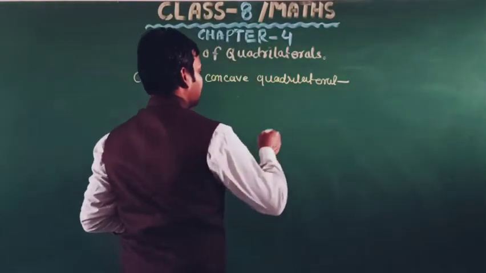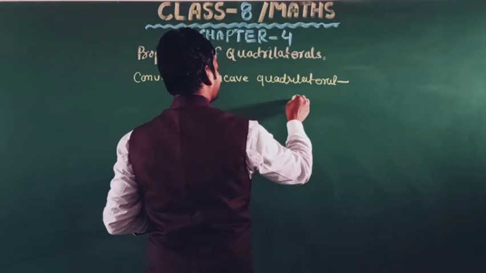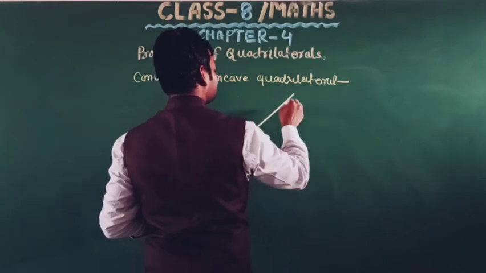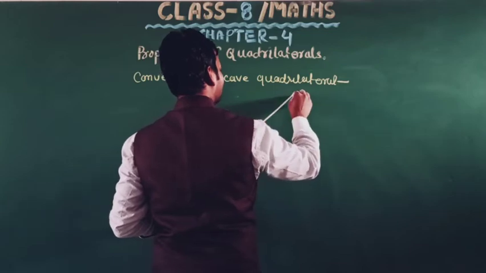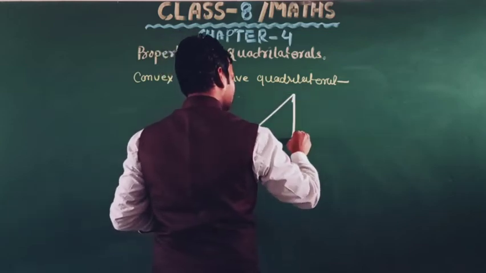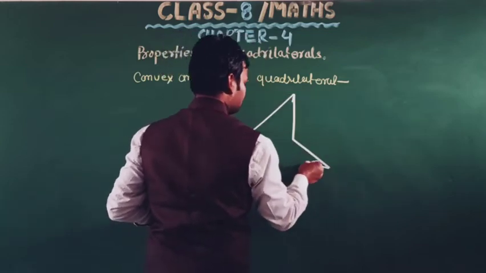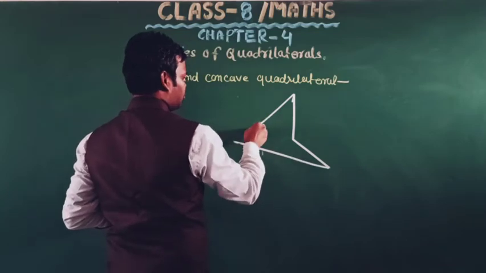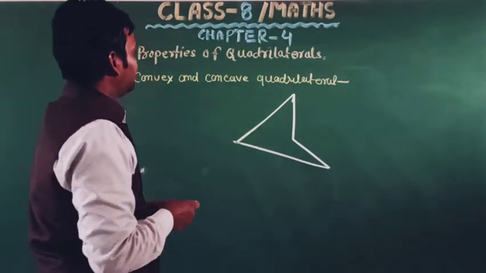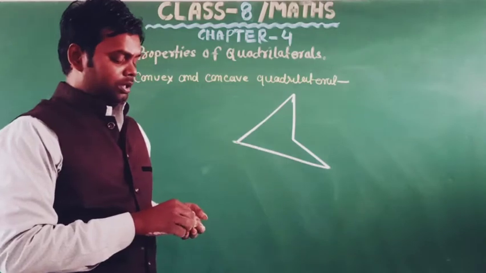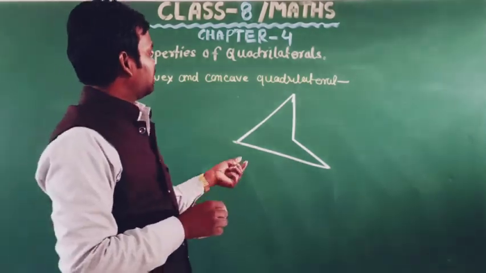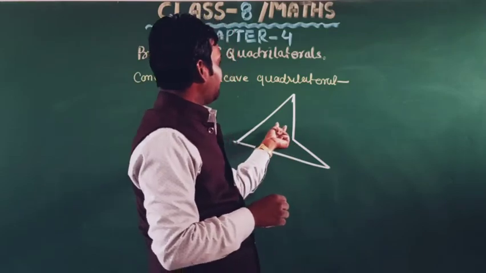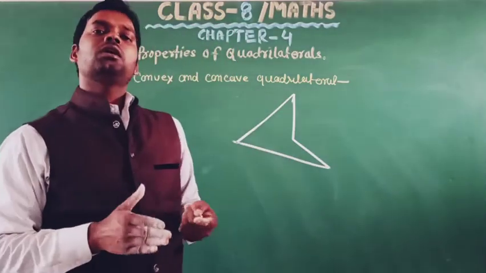A quadrilateral is said to be concave if its diagonal lies outside it.